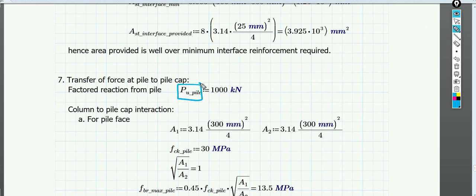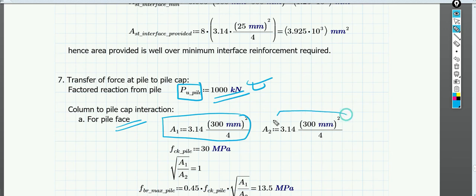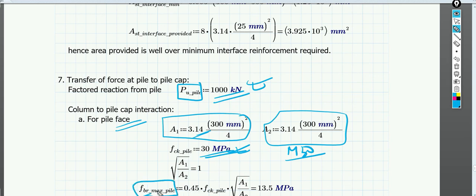Here the reaction from the pile comes out to be 1000 kilonewton. Now for the pile face, similar to the column face, you have to take the same A1 and A2. As it is circular, we find the area as πd squared by 4. And here you can see for the piles the grade was M30. So fck of pile is M30, and the maximum bearing strength of the pile face comes out to be 13.5.